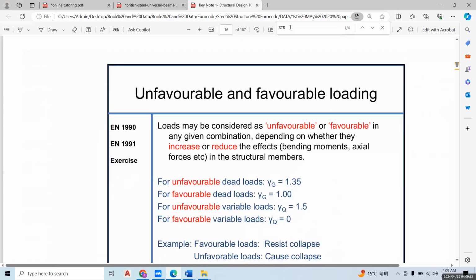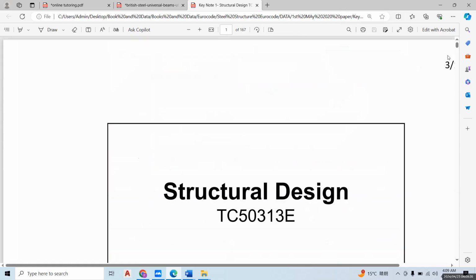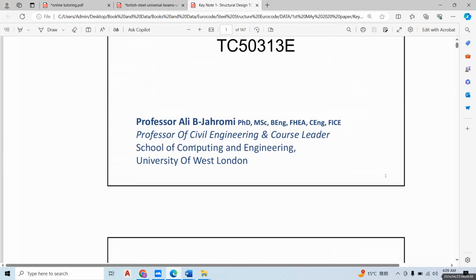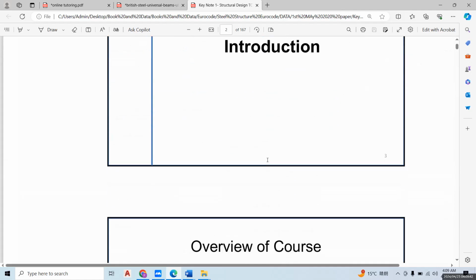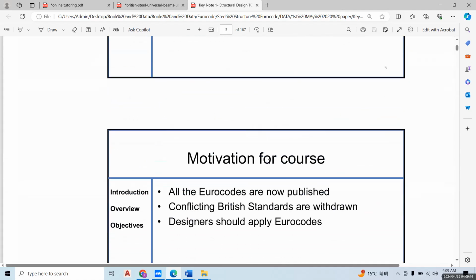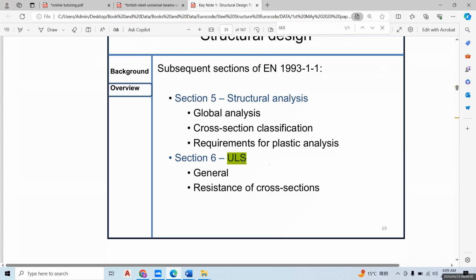See, there is no STR load combination. This is a very famous and very good set of notes that I am using about Eurocode design. So here you see that there is no STR; there are always two conditions. Let me show you, this is ULS and SLS.